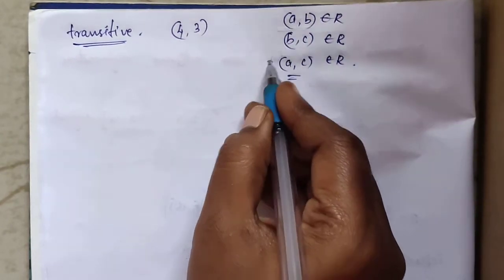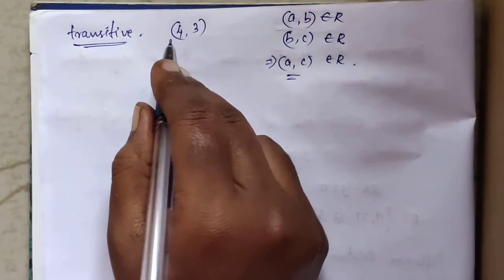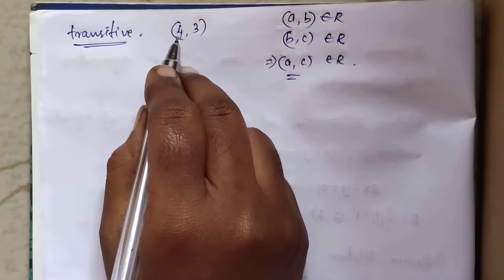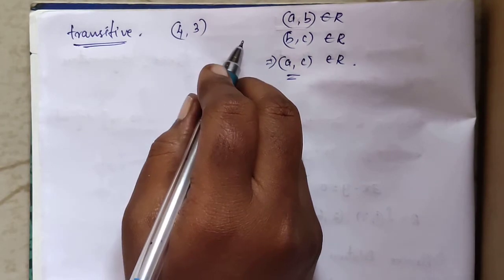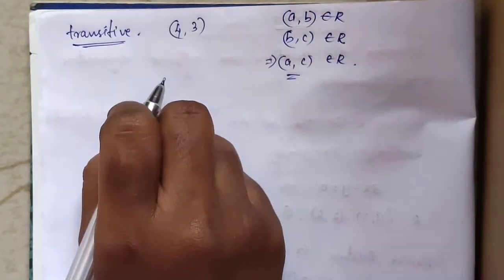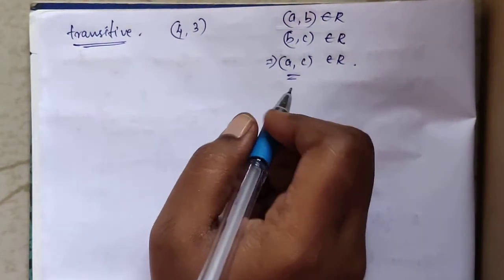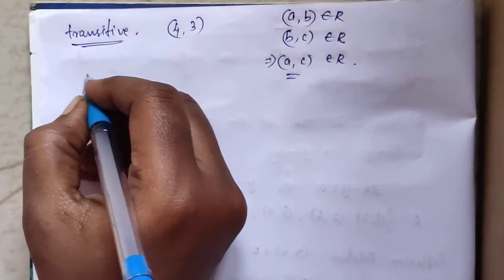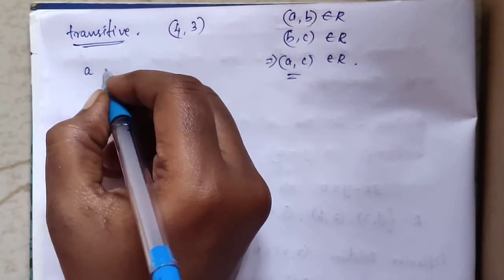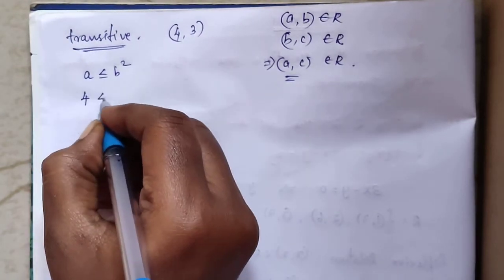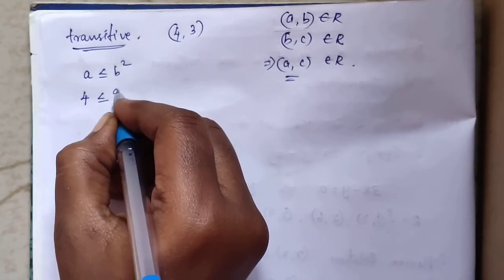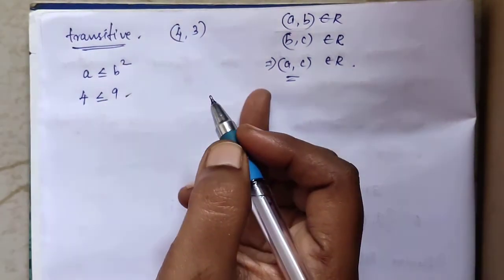Now let us take a, b belongs to R and b, c belongs to R, and then we will prove that a, c does not belong to R. See 4, 3. a less than or equal to b squared means 4 less than or equal to 3 squared, which is 9. Here the condition is satisfied.